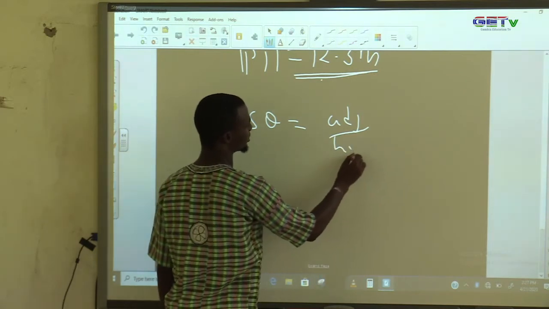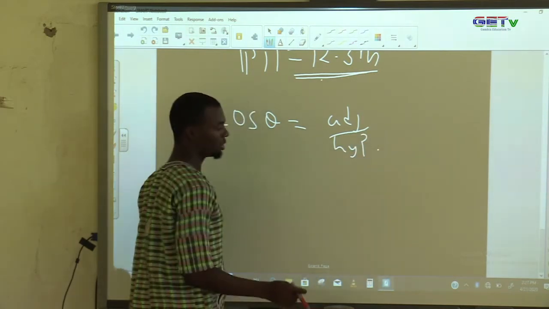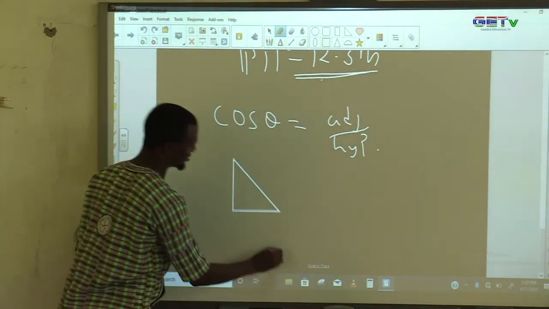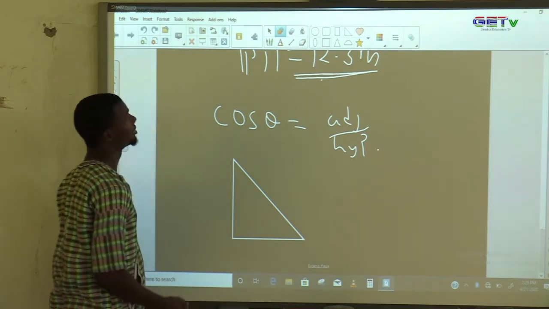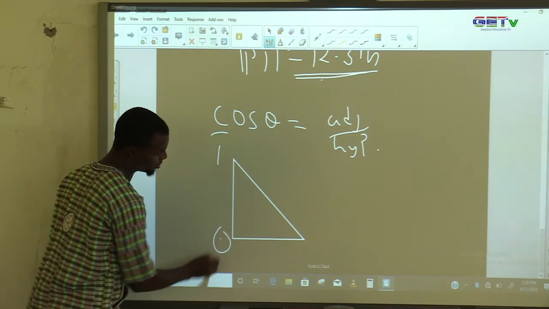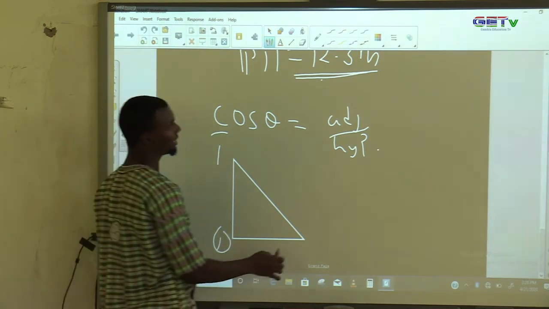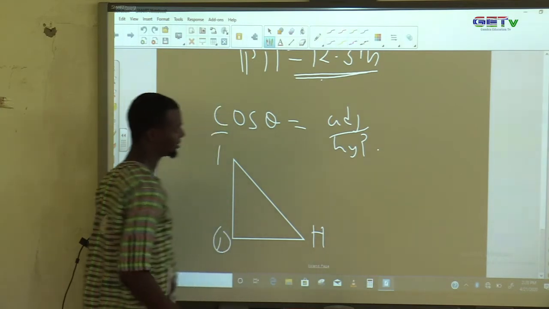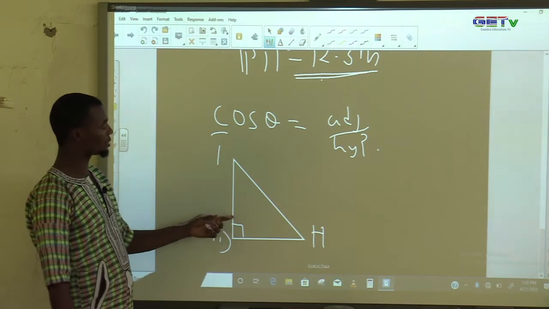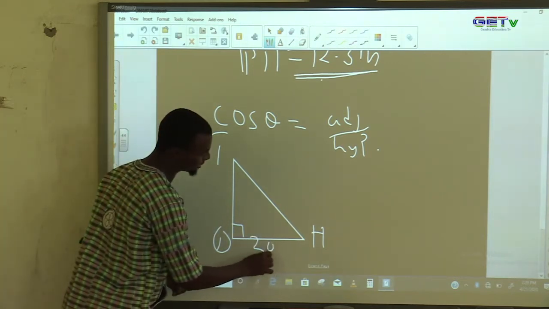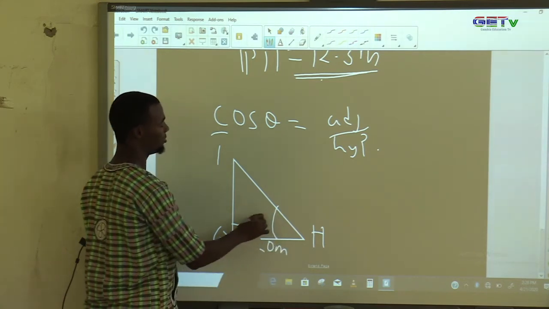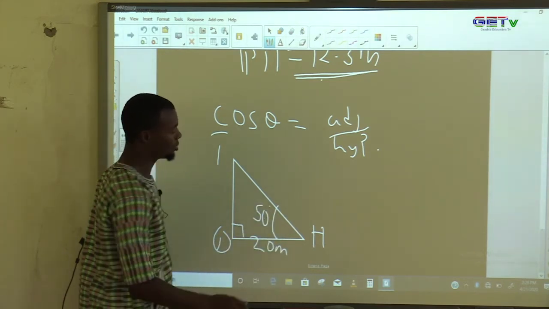In our right angle triangle, we have T here, we have Q here, and at this other side we have H. So this is the right angle. We have this as 20 meters, and this angle is given to us as 50 degrees.